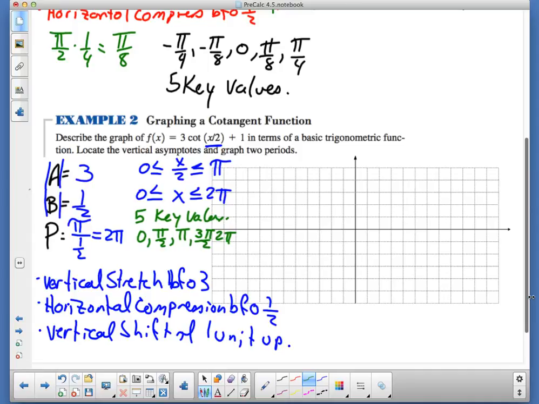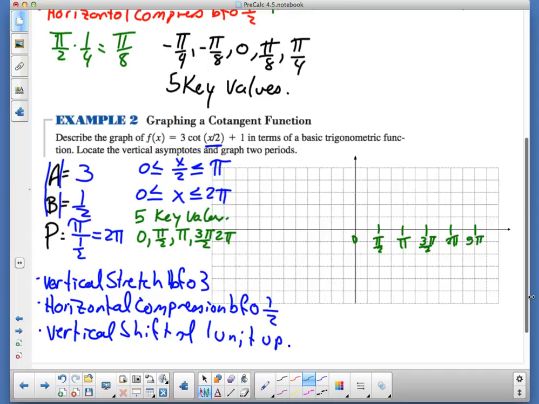Okay, so that's what I'm looking at. And I'm just going to go up by 2s. So I've got my 0, I got pi over 2, I got pi, I got 3 pi over 2, and I've got 2 pi.